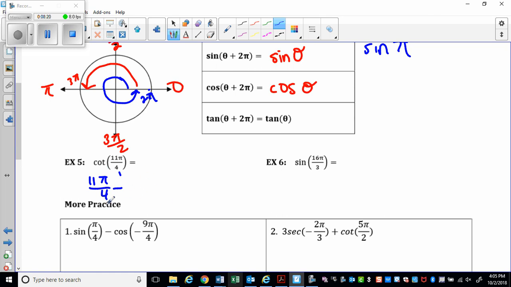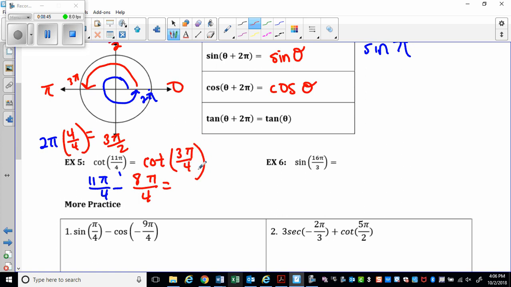They have to have a common denominator. So for 2 pi, I have to multiply the numerator and the denominator by 4. And this would give me 8 pi over 4. 11 minus 8, this is going to be the same as cotangent at 3 pi over 4. And this is under 2 pi, so this will be our reference angle.